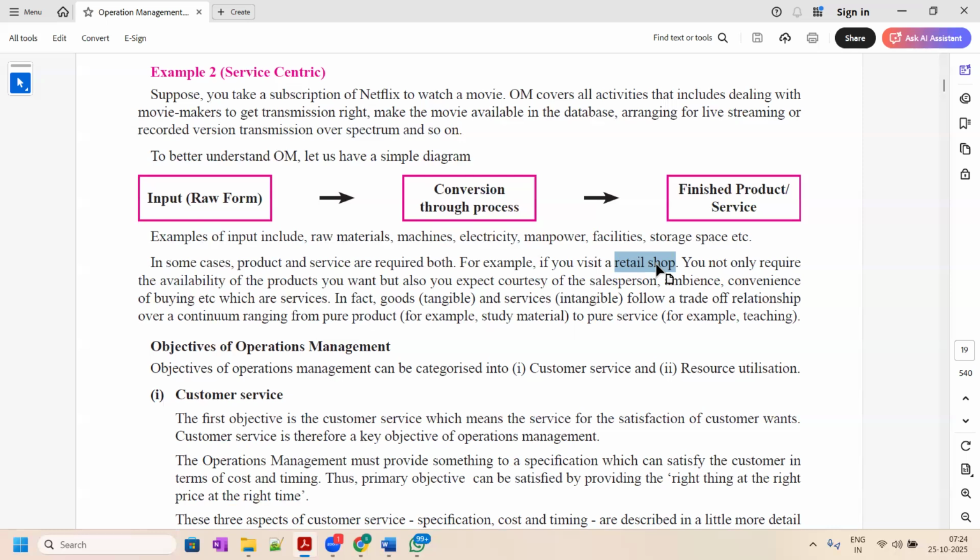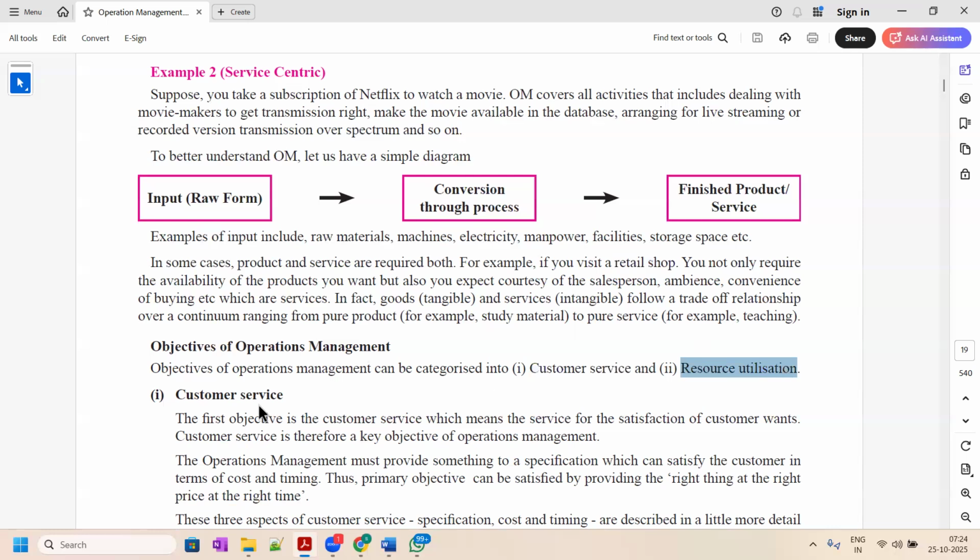So in fact, tangible and intangible, goods and services, follow a trade-off considering the scenario you are looking for. Basically, the operation management objective can be either customer service or resource utilization. So far what we have discussed, guys.